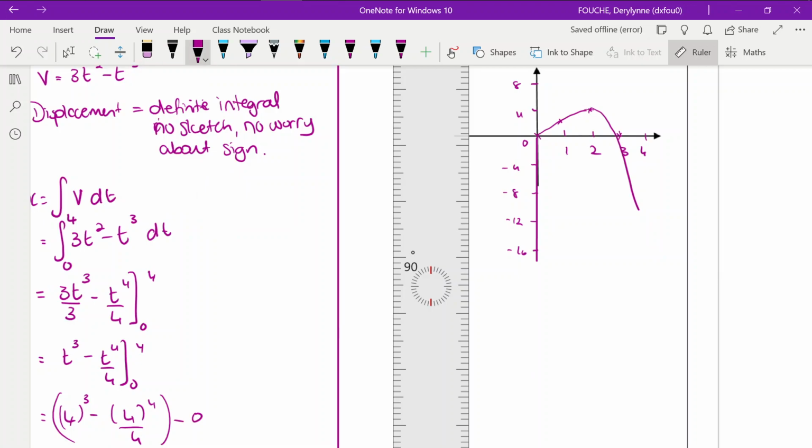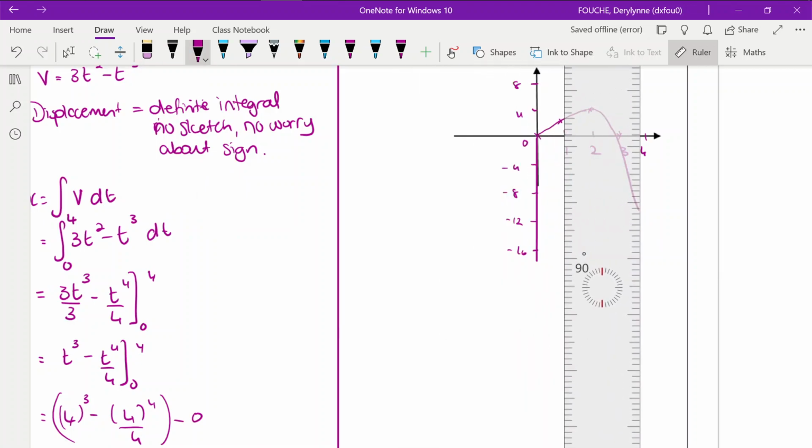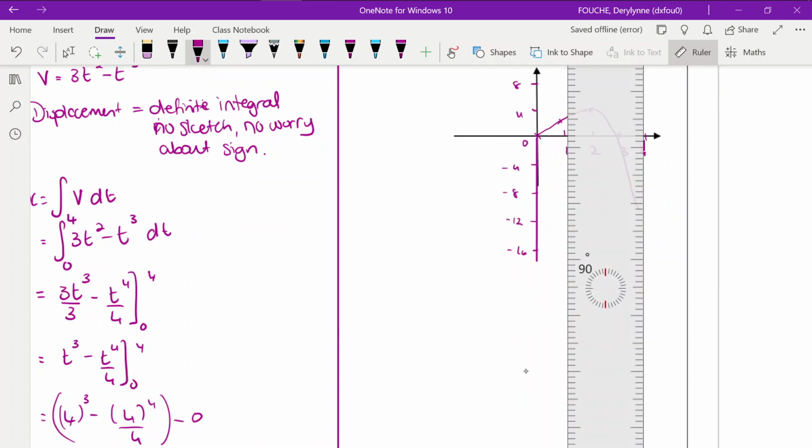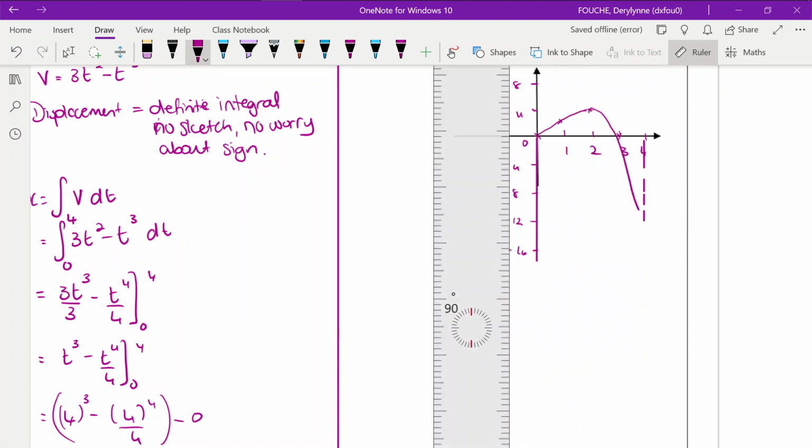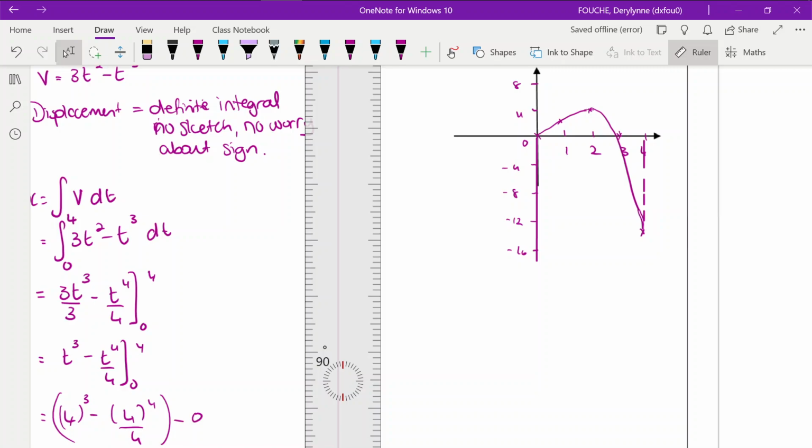I'm going to draw a line there and just fix my graph. So what we have is area 1, which is a positive area, and area 2, which is a negative area.